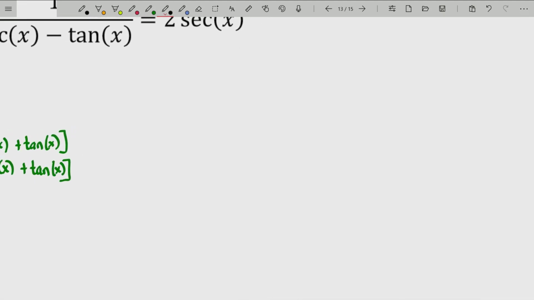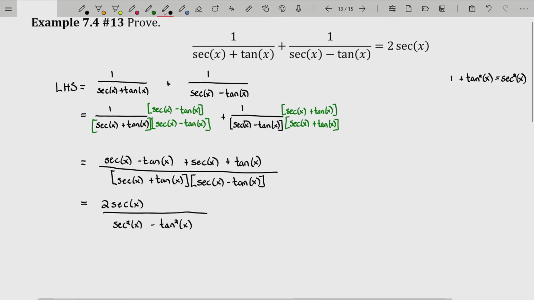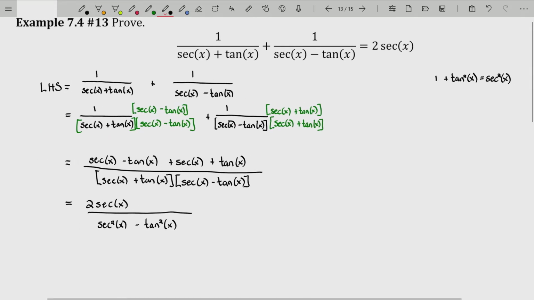I'm going to write down off to the side here one of the Pythagorean identities. There's one that's 1 plus tangent squared of x equals secant squared of x. And if you look at that denominator, it's secant squared minus tangent squared.